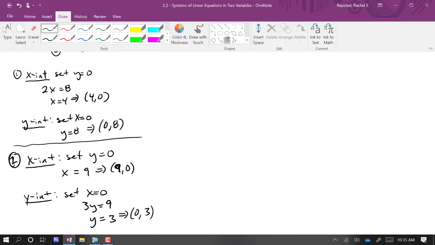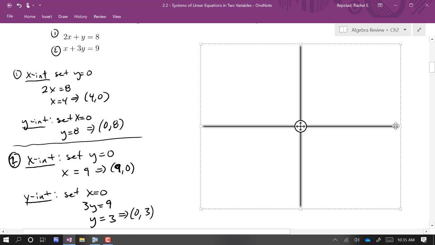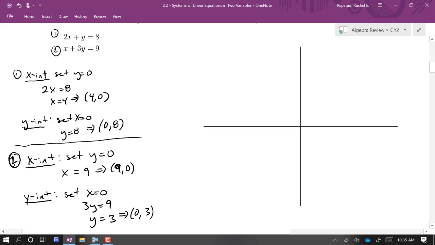Alright, so now that I have both pairs of intercepts, we will sketch. I need to go out as far as 9 on the x-axis, and I need to go as far up as 8 on the y-axis, just looking at all of my intercepts. So there's 9, there's 4, there's 8, there's 3.